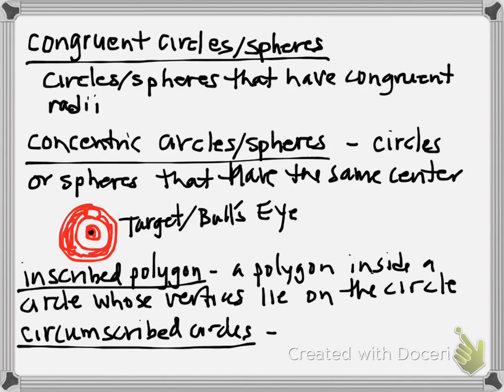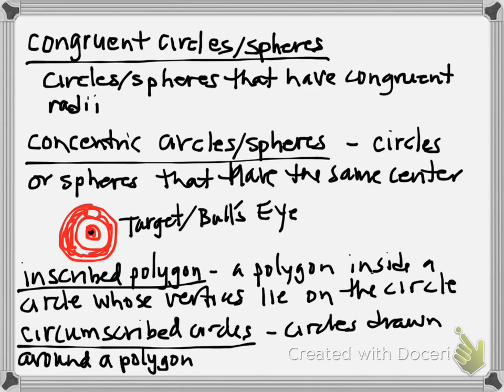So it's the circle drawn around a polygon, where each vertex intersects the circle.